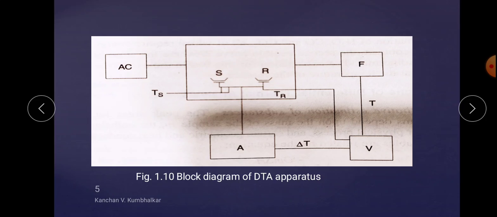If the sample and the reference compound temperature is the same, then there is no potential difference developed between Ts and Tr. But if the temperature difference occurs between the sample and the reference, then a potential is developed between Ts and Tr.